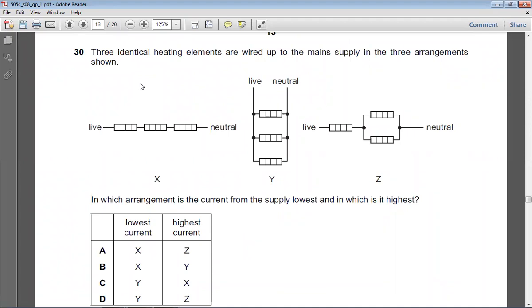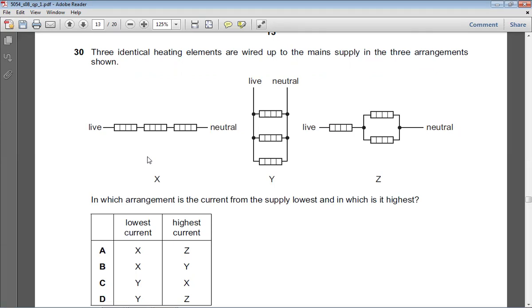Three identical heating elements are wired up to the mains supply in the three arrangements shown. In which arrangement is the current from the supply lowest, and in which is the highest? The current will be lowest when the combined resistance will be highest. When you connect the heating elements in series, their resistance will add up, and their combined resistance will be largest.